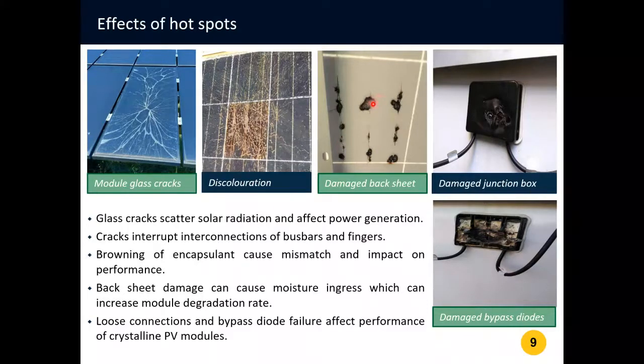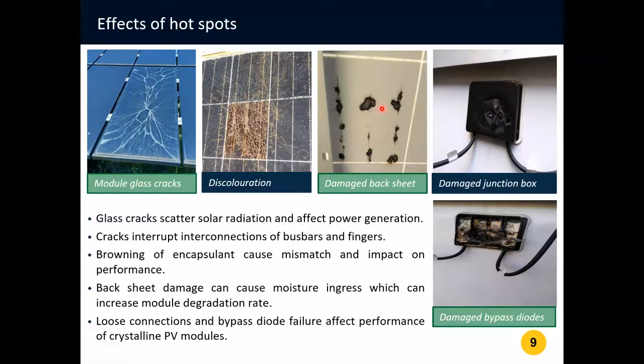So it means there are connection failures between the fingers and bus bars, maybe due to faulty soldering. This can cause resistive heating on a cell, and the cell can appear hotter than the other cells.